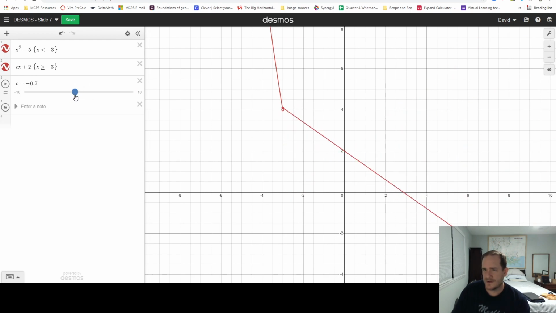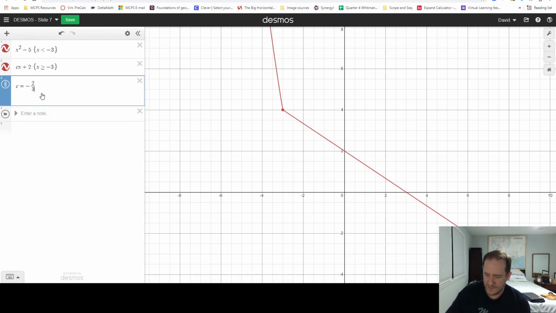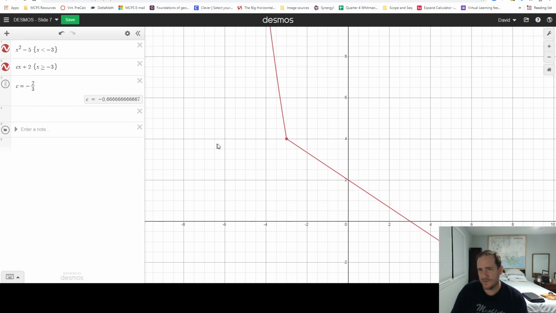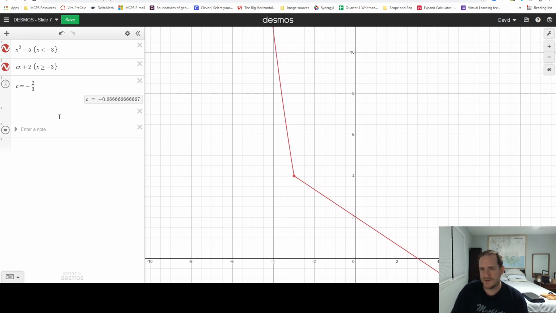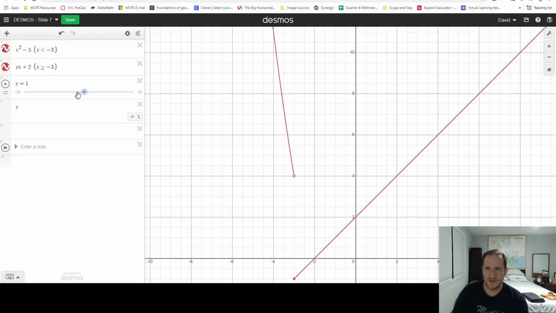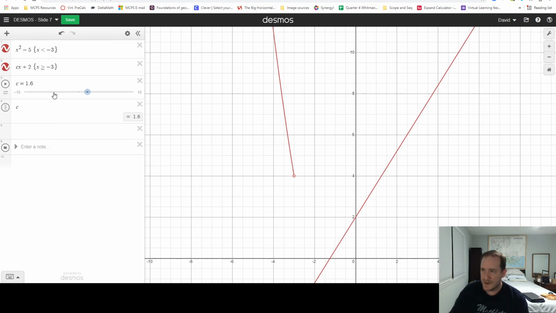But it looks like I can't get there perfectly because I think the right value was negative 2/3. Bonk. And you can see now that everything matches up nicely for that one specific value of c. But no other c value would have done it. That's our situation. I just have to take that away and it'll go back to being a slider. Okay, so anyway, you can see for any other value of c, we'd end up with a jump discontinuity. But for just the right c value, we can be continuous.